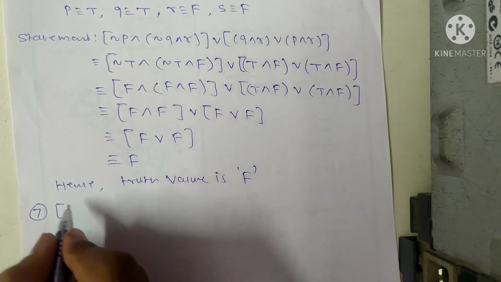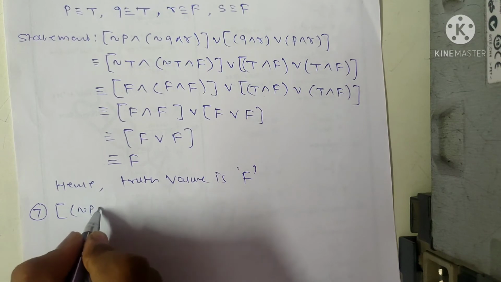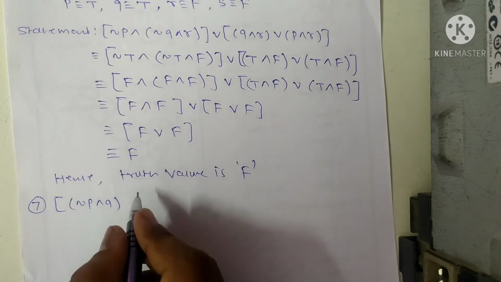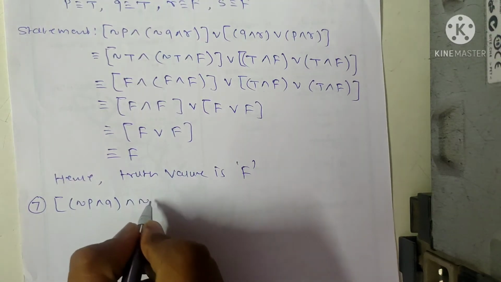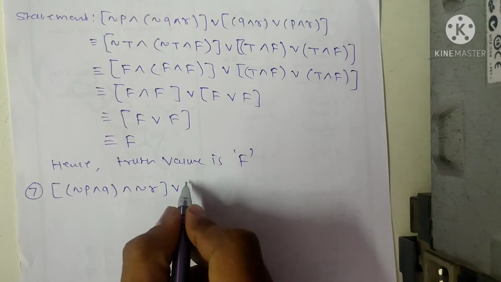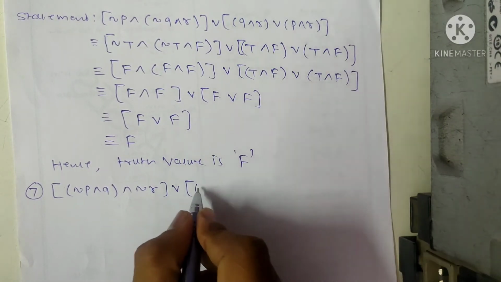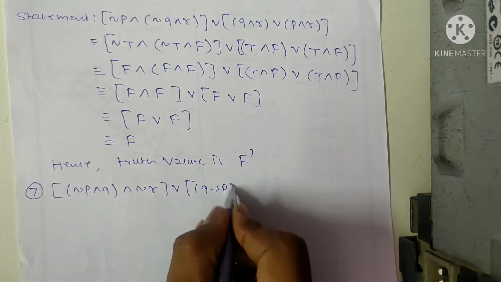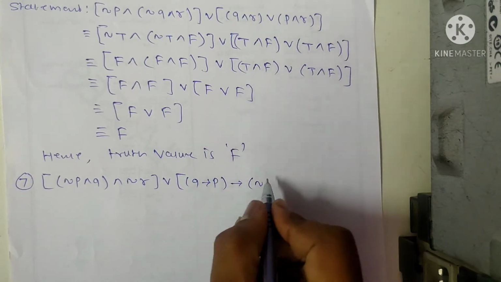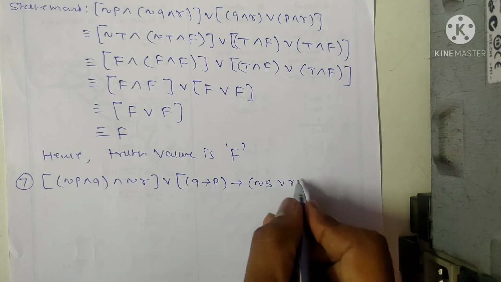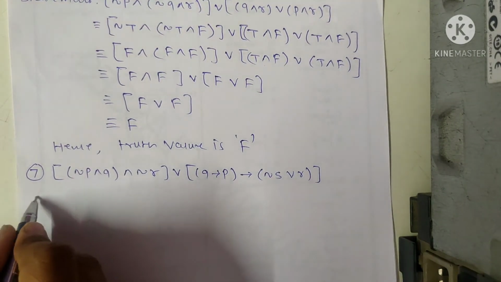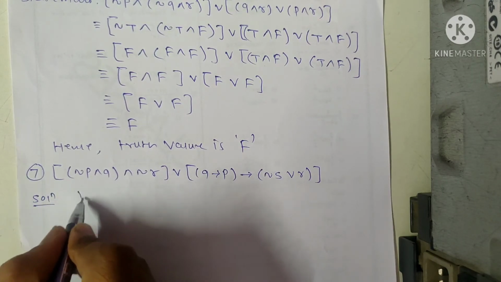Negation P and Q and negation R, or Q then P, then negation S or R. Solution.